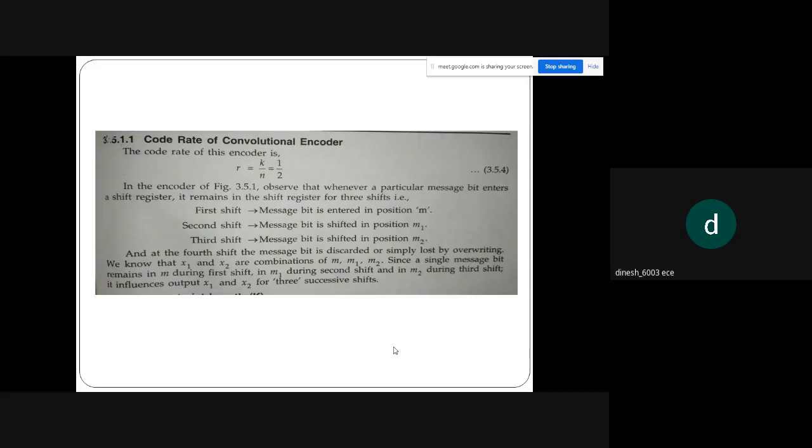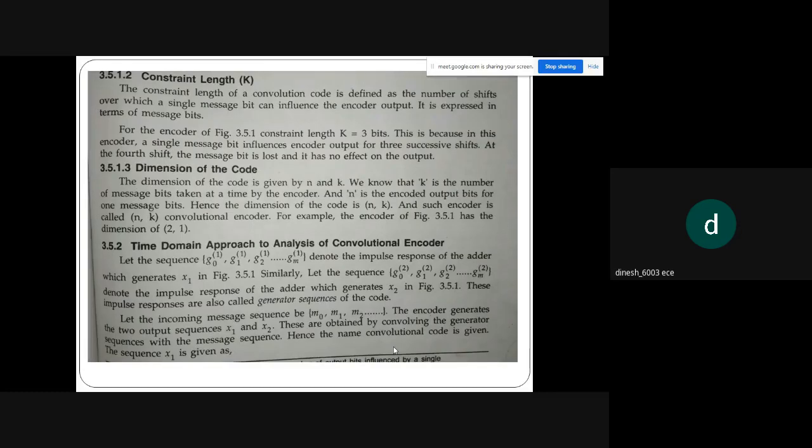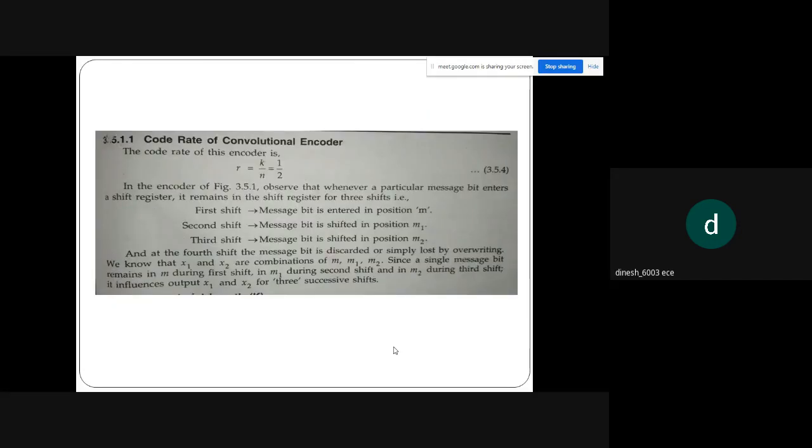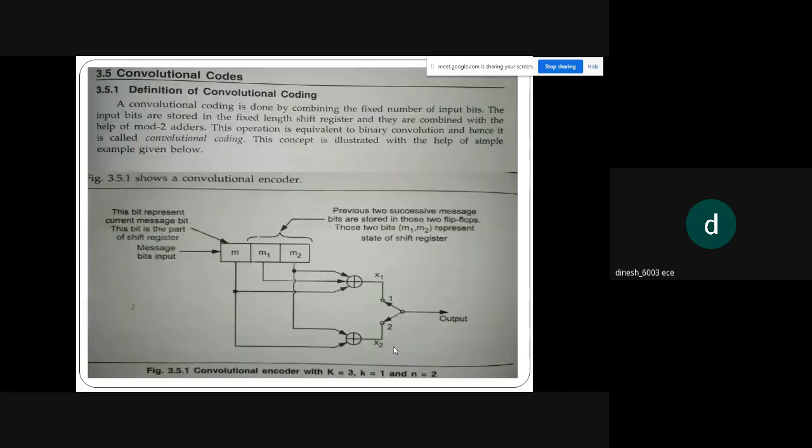So what happens in this convolutional encoder is that whenever a particular message bit enters a shift register, it will remain in the shift register for 3 shifts. When a message input enters here, it will be present in these 3 shift registers, since we have M, M1 and M2.